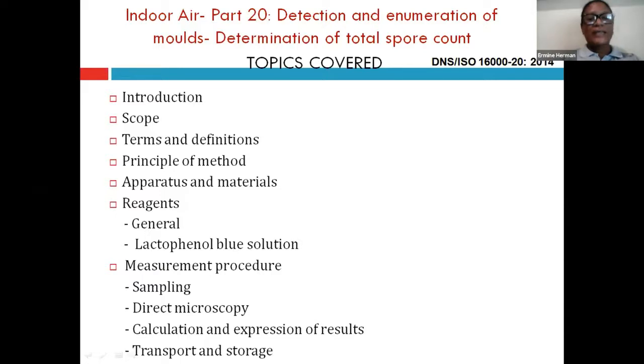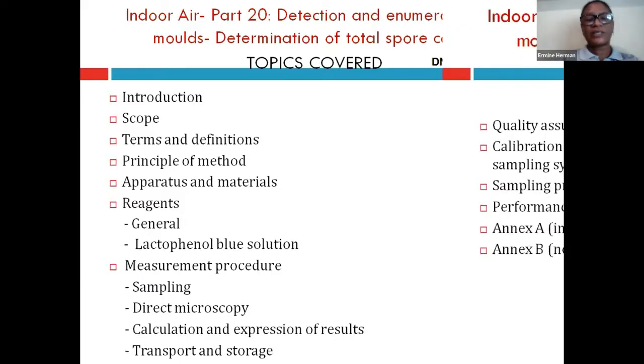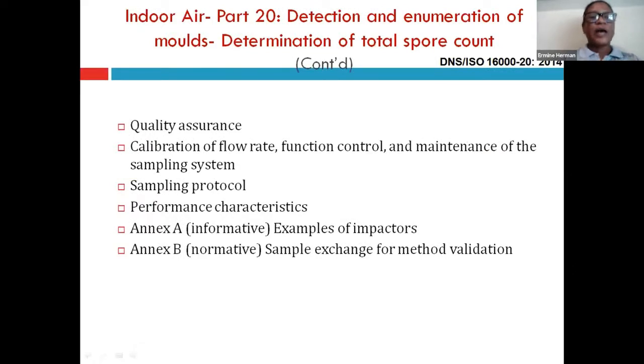Another aspect is transport and storage, because that is important to maintain the efficacy of your sampling. Quality assurance: how do you assure your client that you are producing valid results that they can trust?